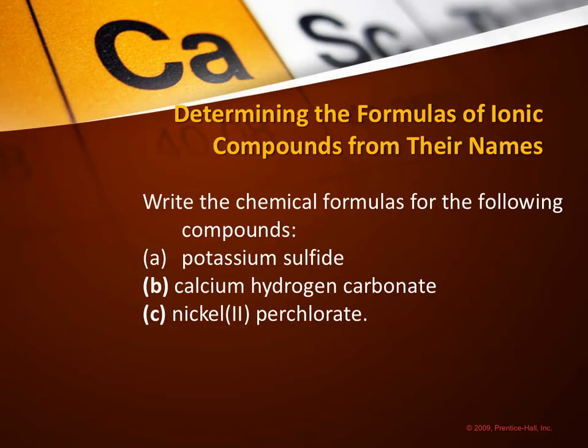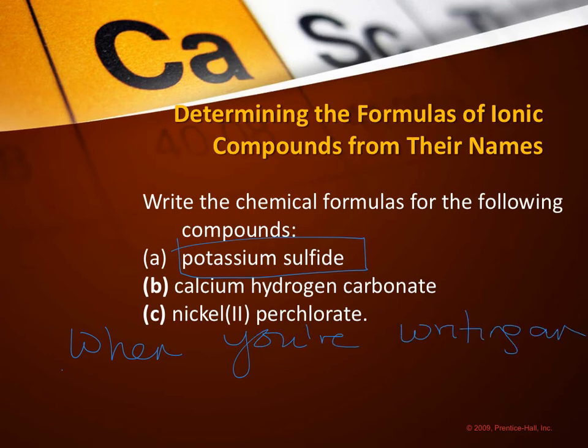What if I asked you to go in the opposite direction? What if I gave you the name and asked you to write the formula? The single most important tip I can give you, and you probably want to write this down, is that when you are writing an ionic formula, it's a 2-step process.